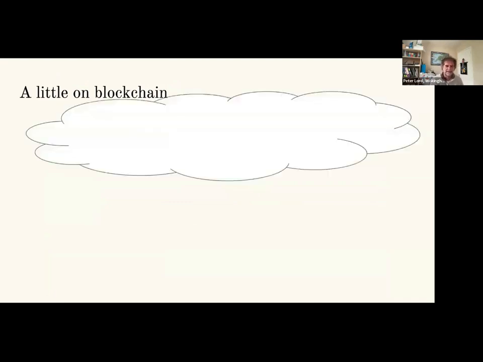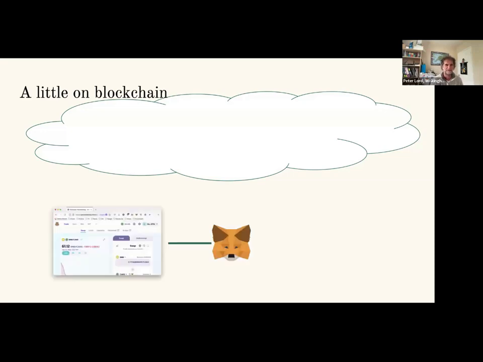So blockchain is a very big distributed database, or decentralized, they tend to use the term. And the way you get access to a blockchain is always via a wallet. A wallet is something that you use on your desktop or your phone, and that grants you access to the blockchain.